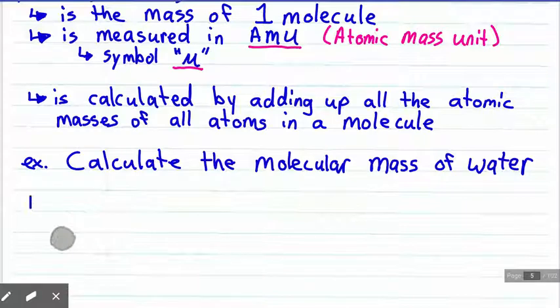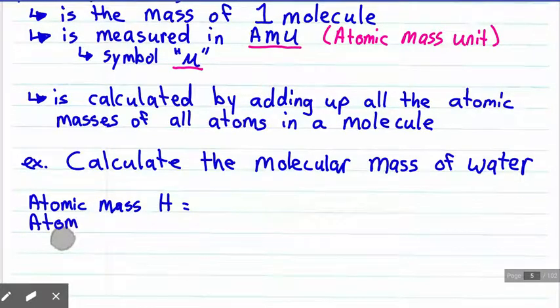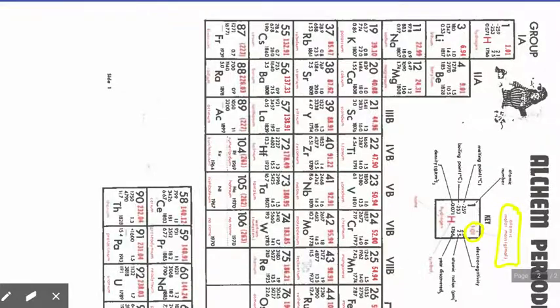So I'm just going to write down my givens. Atomic mass of hydrogen equals, and atomic mass of oxygen equals. And I'm going to go to my periodic table and I'm going to look.